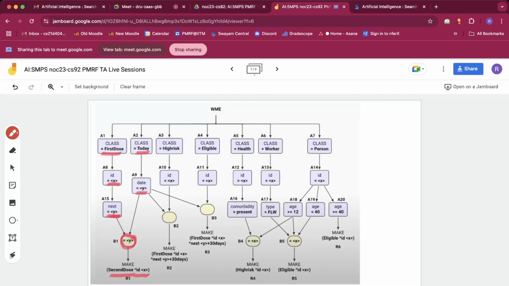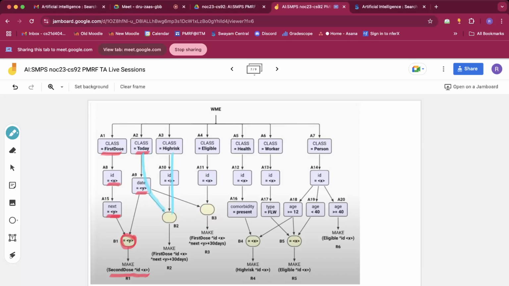So this was for one of the rules. Okay, let's have a look at all the rules one by one. For this rule, look at the incoming arrows to that rule. Let's use a different color now, blue. This has incoming edges from here and here.